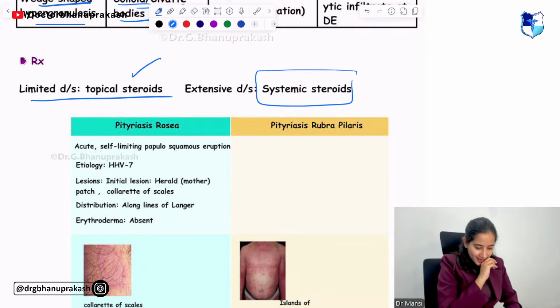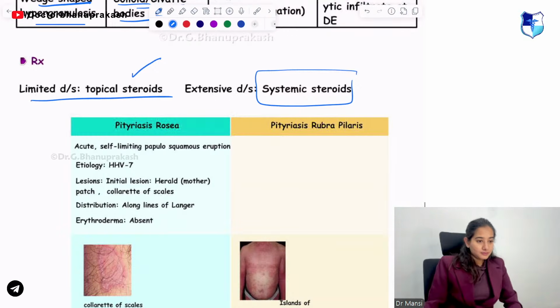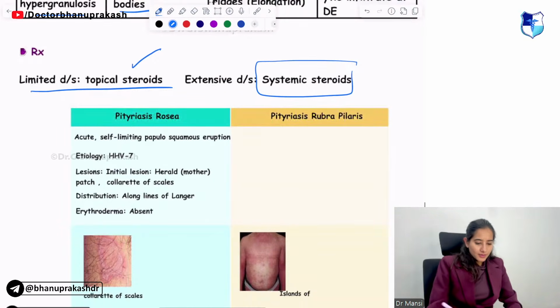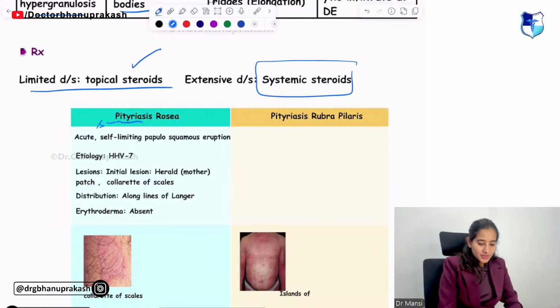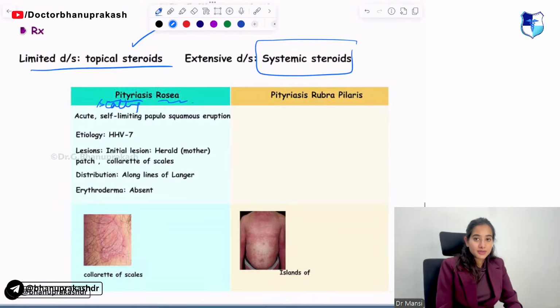So, the word Pityriasis means scaling, and rosea is for rose, the reddish appearance.